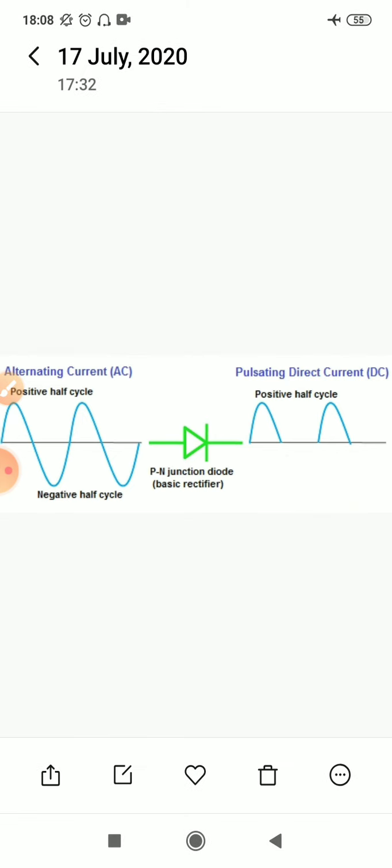Generally, what we get at our homes is alternating current, and the current we get from cells and batteries is called direct current. Its magnitude doesn't change; it remains constant.